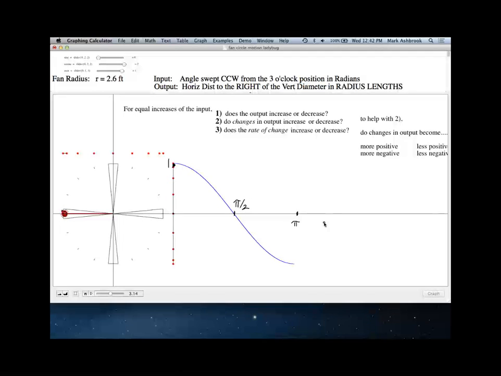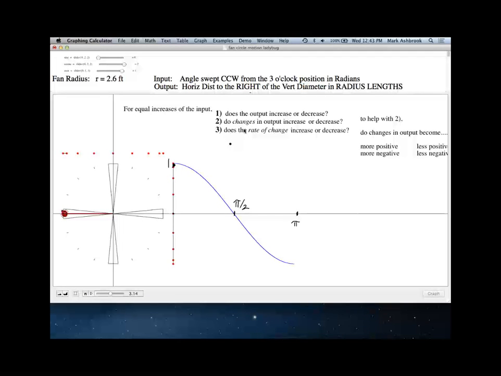What happened in those changes? Are those negative or positive changes? We're still decreasing, right? So the horizontal distance is decreasing, so those are negative changes, getting more or less negative? Less negative. Therefore, the changes are increasing or decreasing? Increasing changes. And therefore, the rate of change is increasing, and the graph is concave up.